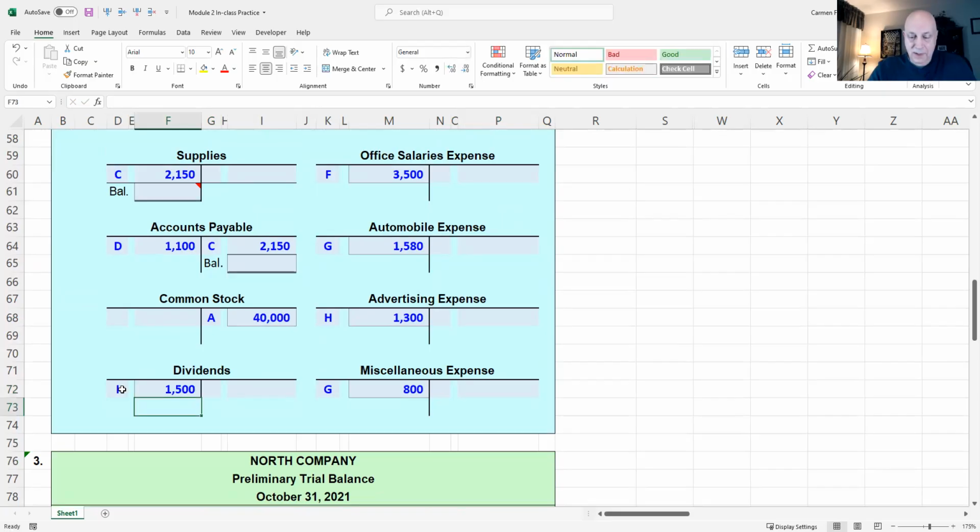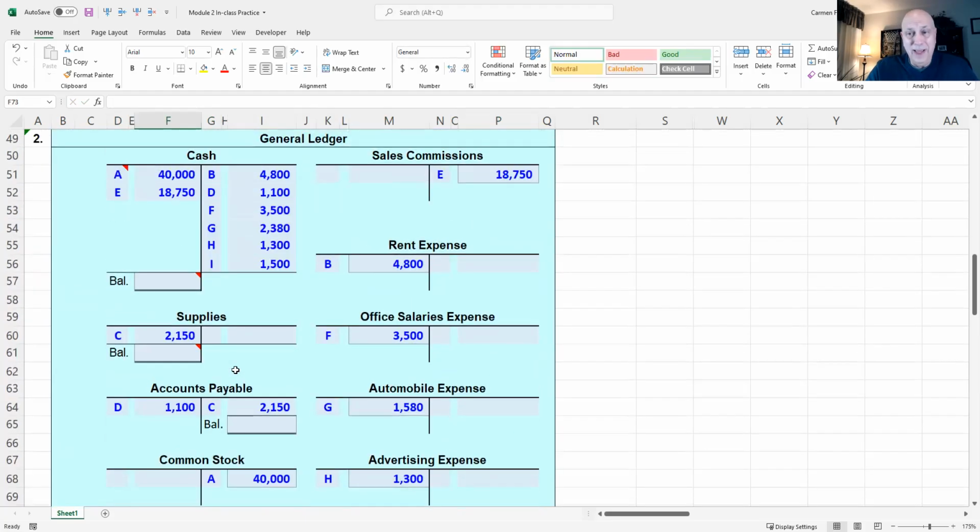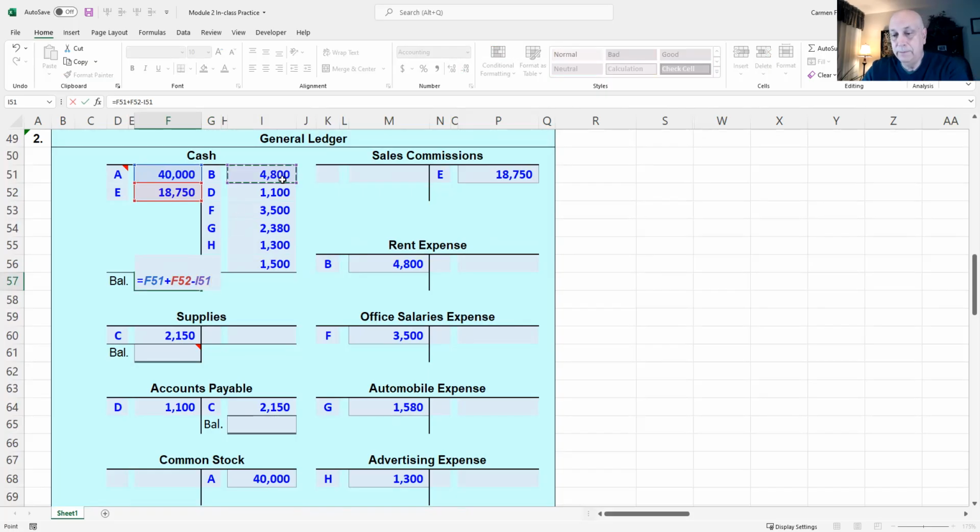Okay. So we're moving along. Now what we need to do is total up all our balances. So for cash, we're going to take our debits and subtract all our credits.